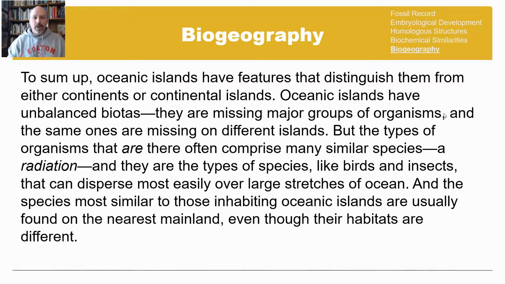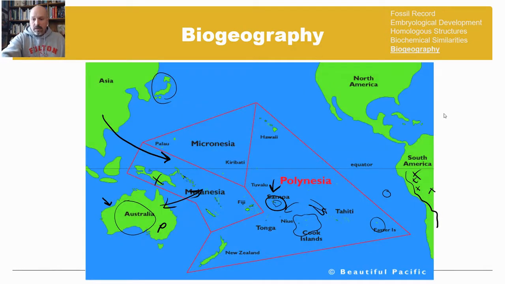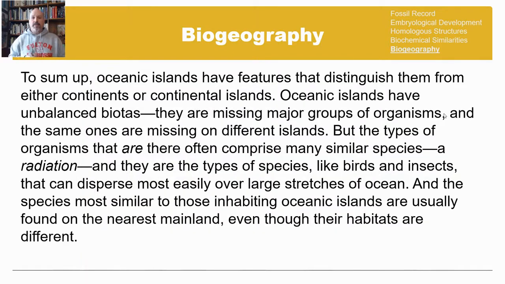To sum up, oceanic islands have features that distinguish them from either continents or continental islands. Oceanic islands, like the Cook Islands, Samoa, Easter Island, Micronesia, Polynesia, have unbalanced biota. They are missing major groups of organisms, and the same ones are missing on different islands.